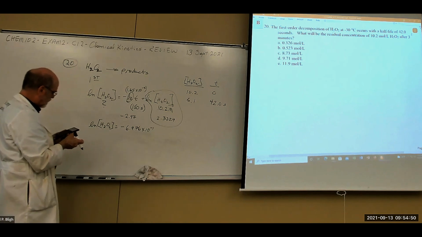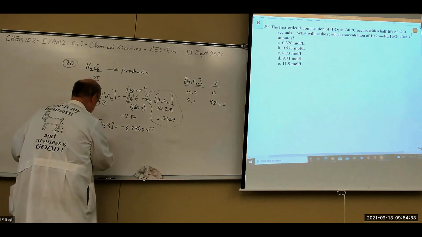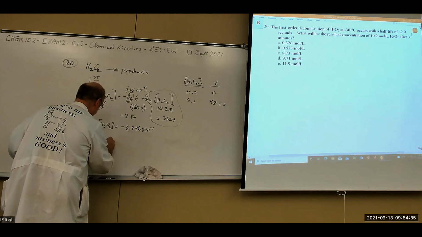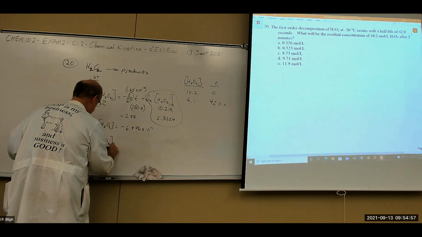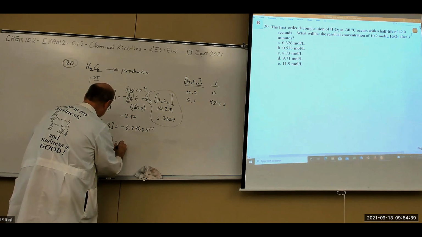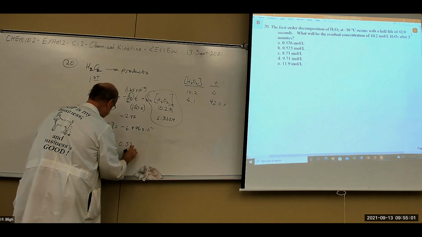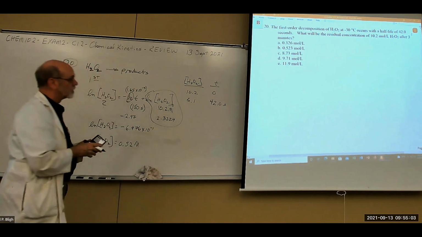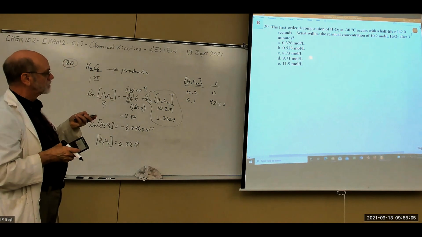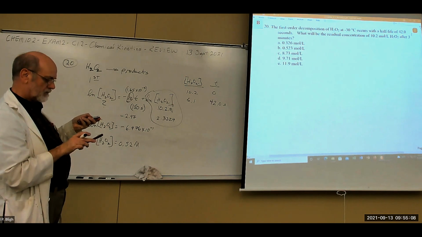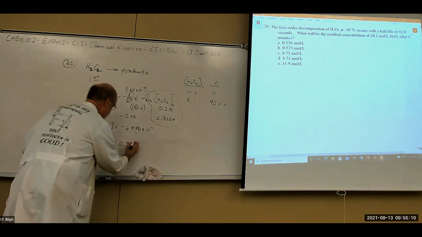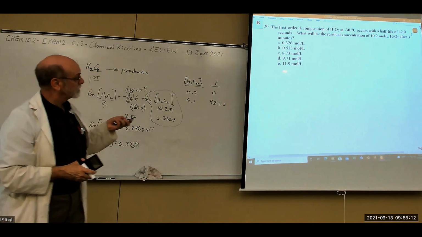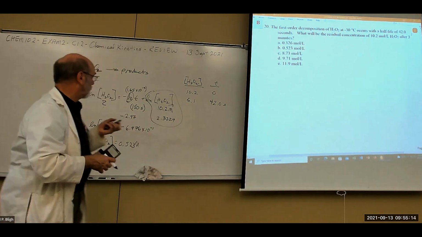And I get 0.52. So the concentration after 180 seconds equals 0.52 molar. There it is right there. Actually, I did get 0.523. So that's how you solve that problem.